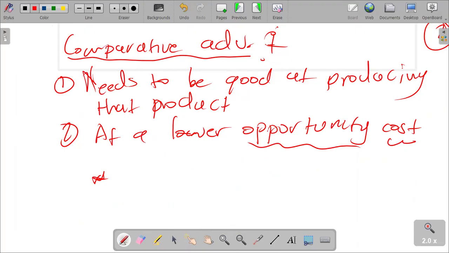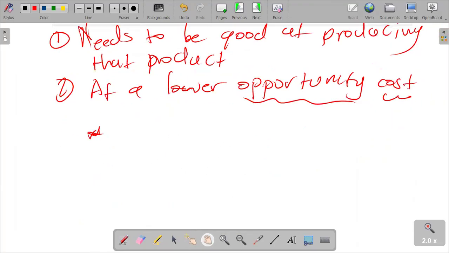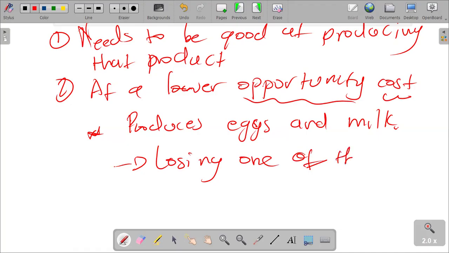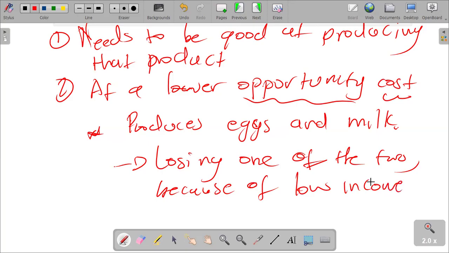So opportunity cost simply means that if a country produces eggs and milk, the opportunity cost would be losing one of the two because of, let's say, low income to the country.